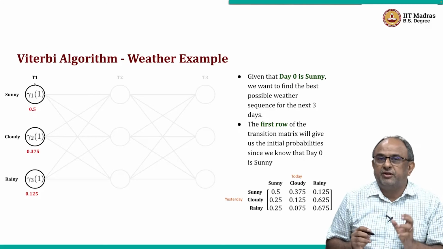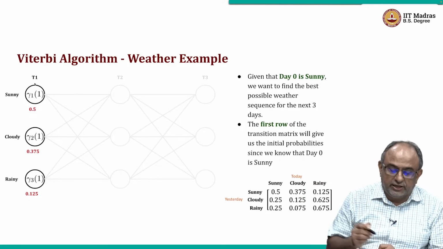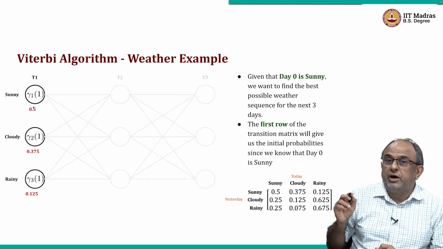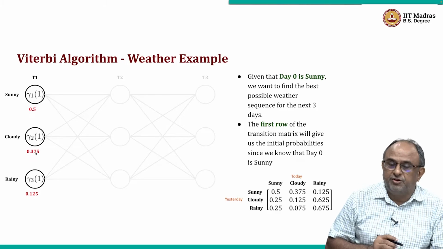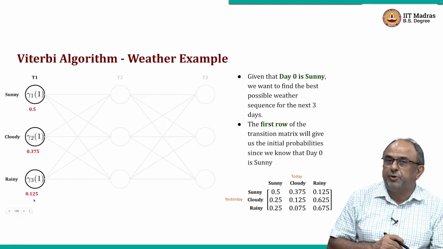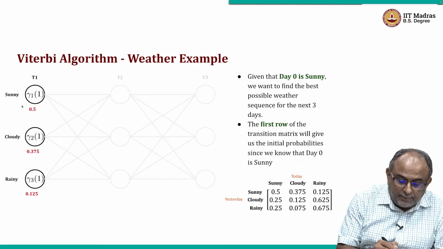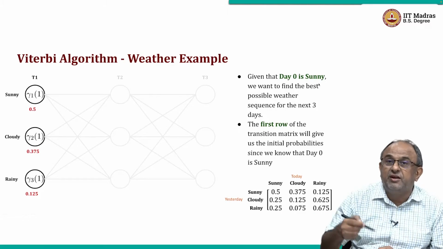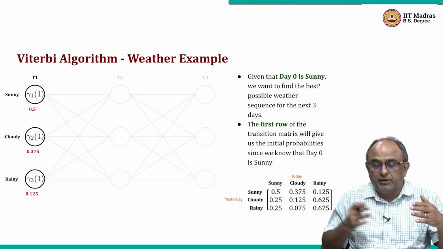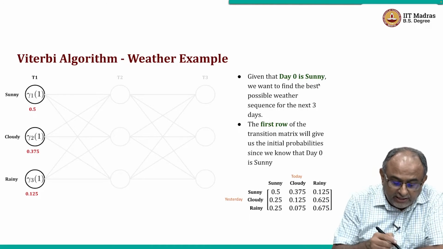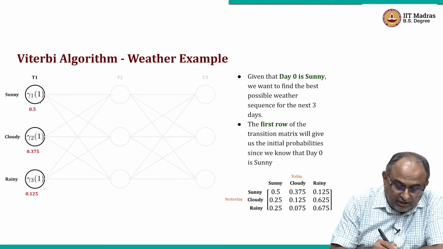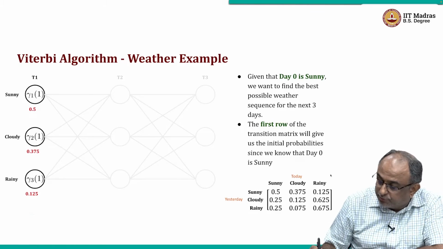Given today is sunny, tomorrow's best forecast is sunny 0.5, cloudy is 0.375 and rainy is 0.125. So there are only 3 paths. Sunny gets only one path because I am starting. In the subsequent states you will see multiple paths coming. At this point the probabilities are 0.5, 0.375 and 0.125, and this will add up to 1.